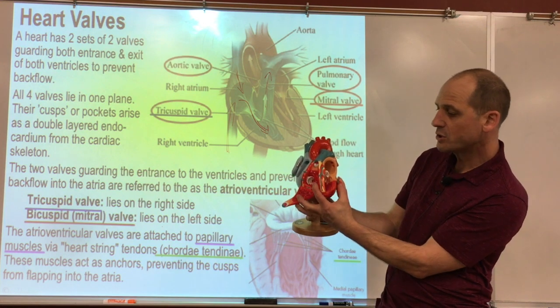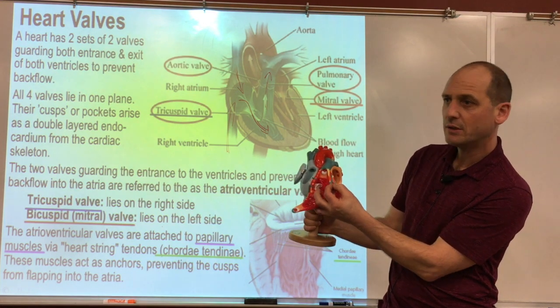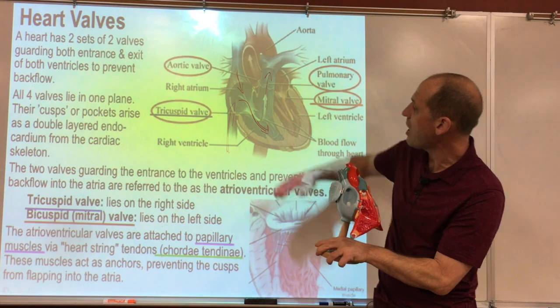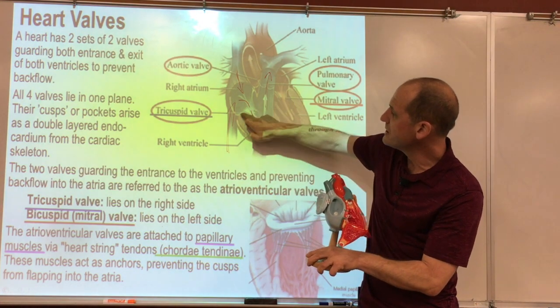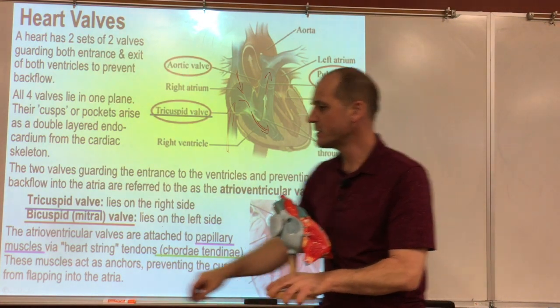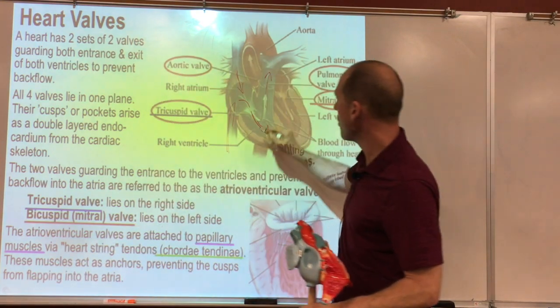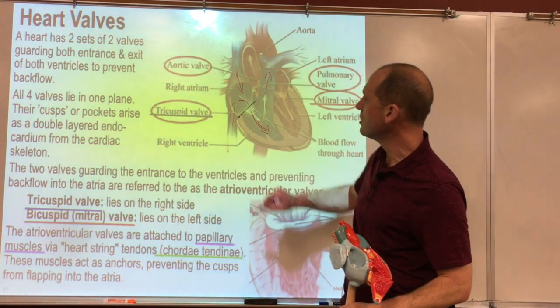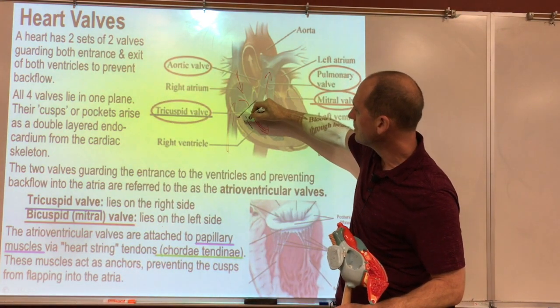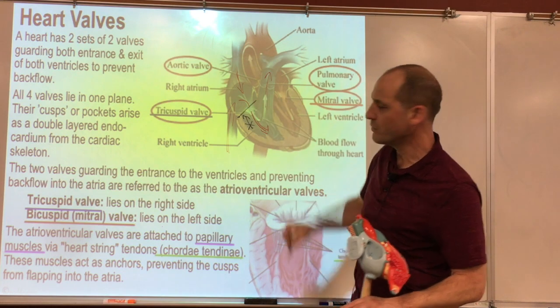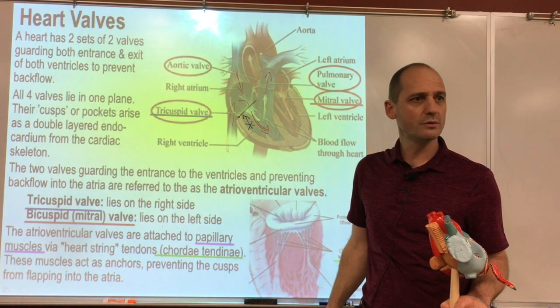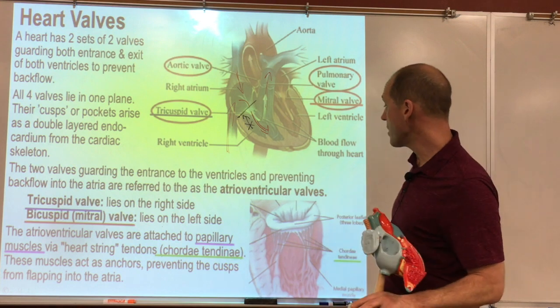When the heart muscle contracts, that valve closes up and makes a door that shuts, so the blood cannot go backwards. It cannot go backwards because of that valve when it's closed. And this valve is very interesting.